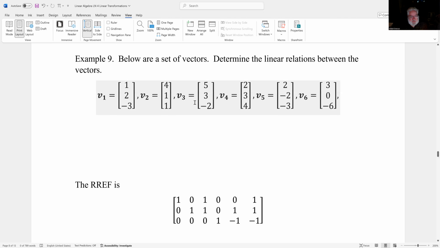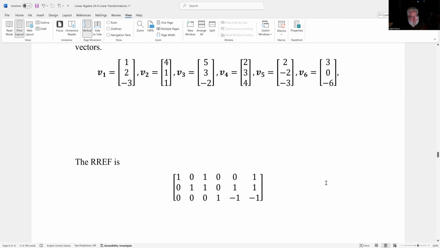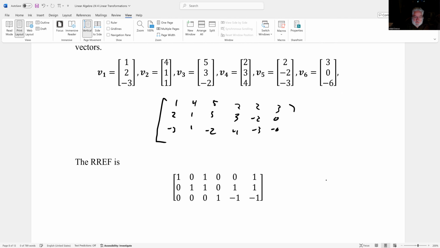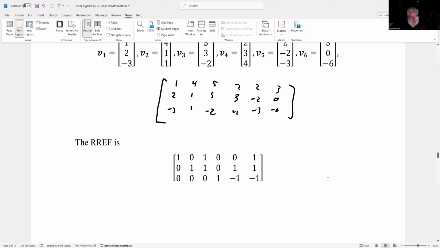But we want to know what's the relationship between these 6, right? What we do is we take these and we turn them into a matrix. So if we want to find out what the linear dependencies are, we get that. And then what does this tell us?